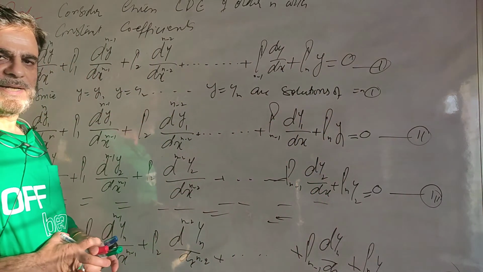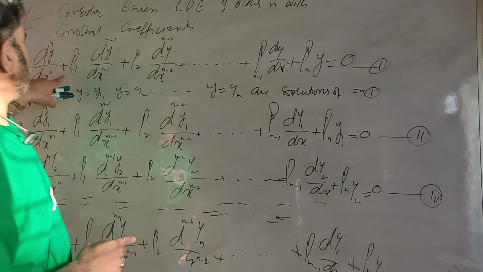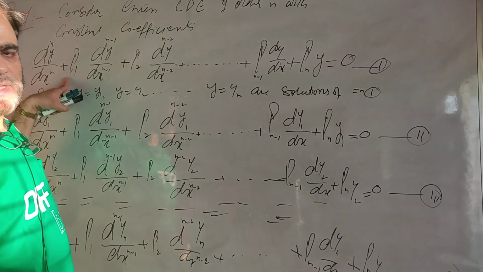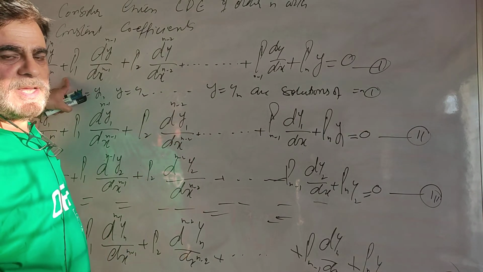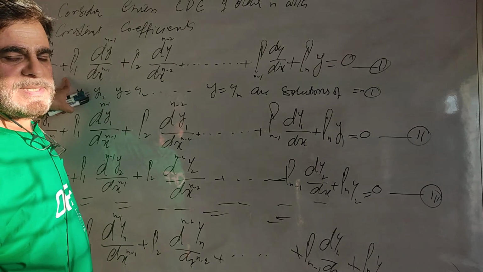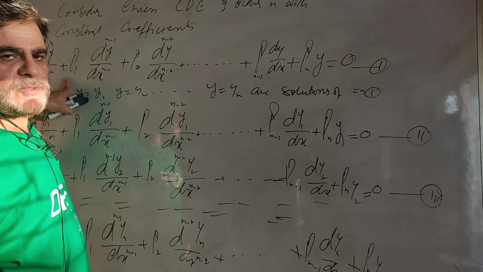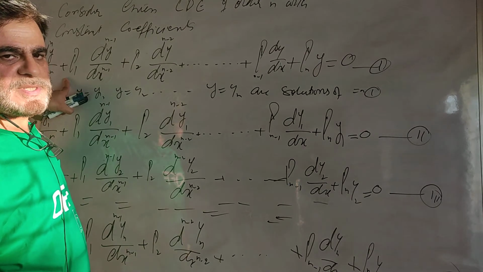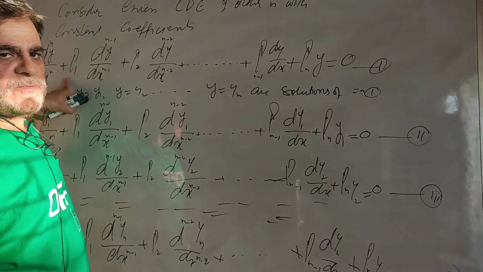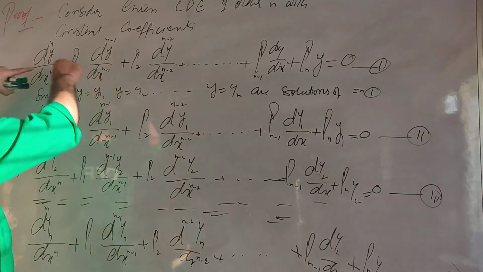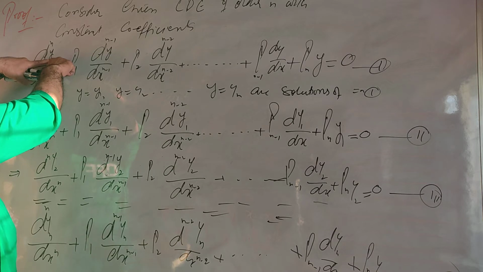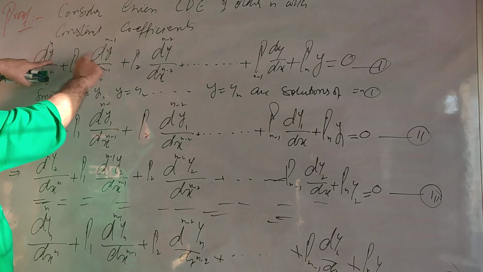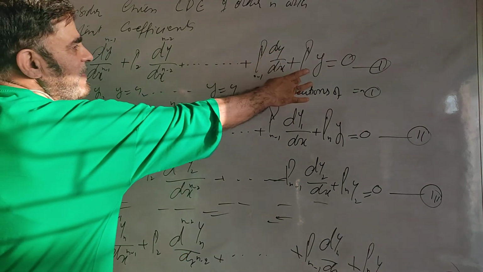Now we will prove that this equation number 1 has also the solution y is equal to c1 y1 plus c2 y2 so on to cn yn. For that we will replace y here by c1 y1 plus c2 y2 so on to cn yn, and solve this equation.